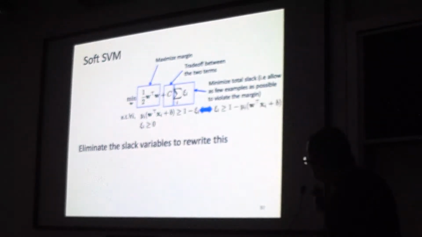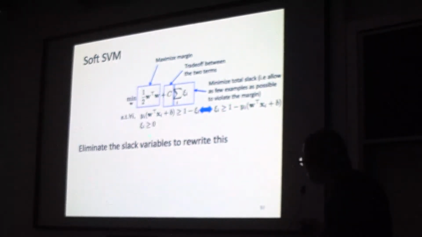Right? So if you take a look, for every example we have two constraints. One is about the function margin, the other is about the slack variable. So if you make a small reorganization of the first constraint, we get that the slack variable is no less than 1 minus the function margin.